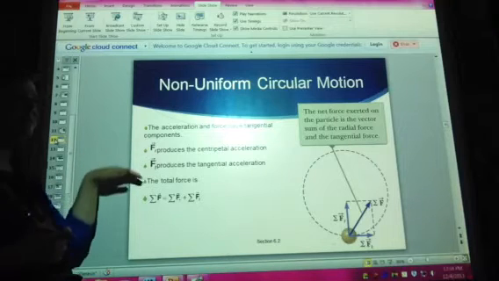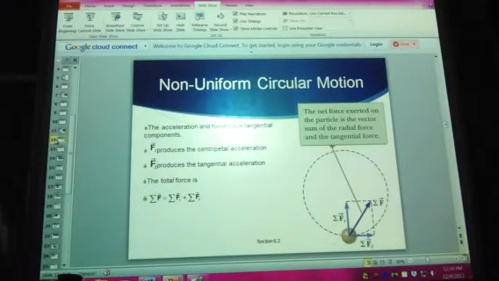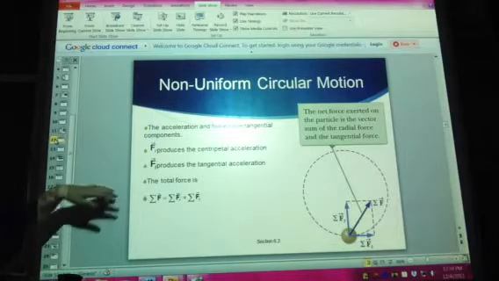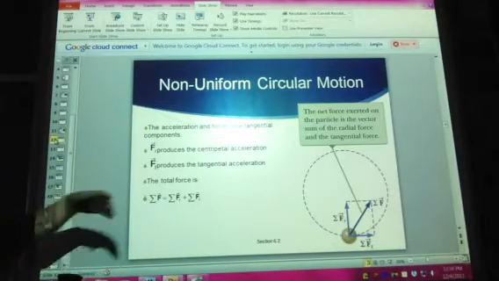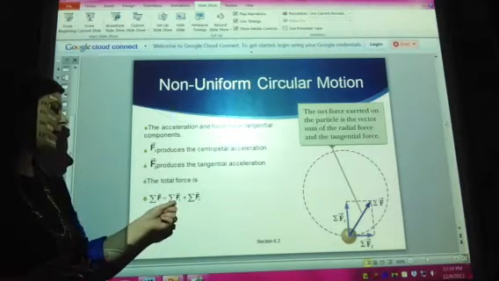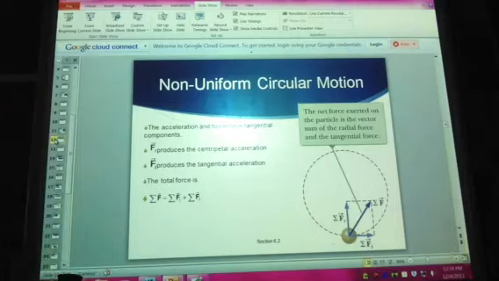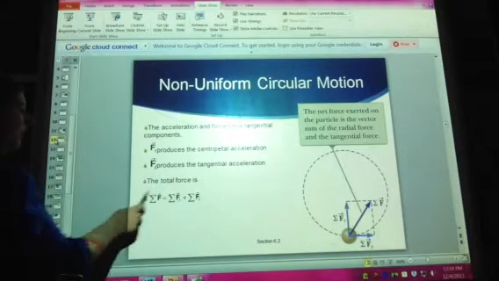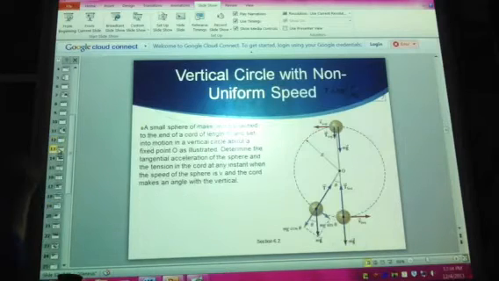So it's the same thing in terms of components as chapter 4 with acceleration, just now thinking about it in terms of forces. The total force would be my radial force plus that tangential force, the sum of the forces, the net force.